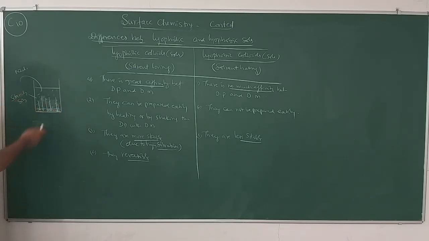If you add more water and heat, this precipitate is again converted into a colloidal solution. That is known as reversibility. The particles can be made to precipitate and the precipitate can again be made into colloidal particles. That is known as reversibility.